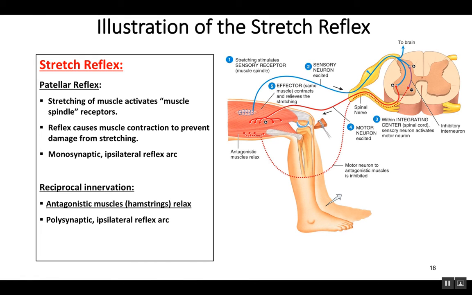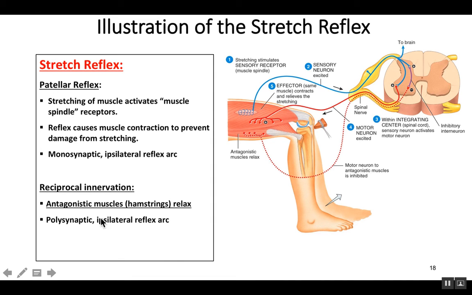Using the terms on the previous slide, this would be a spinal somatic reflex. So now we've got four terms that describe this reflex. Spinal, because it's a spinal nerve. Somatic, because they're skeletal muscles. Monosynaptic, because there's just one synapse. And ipsilateral, because it happens on the same side of the body.